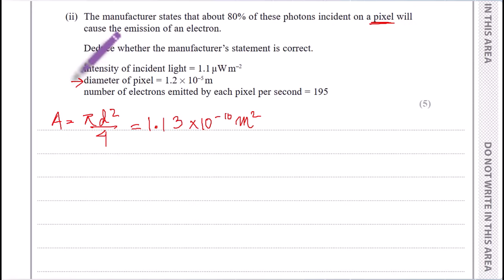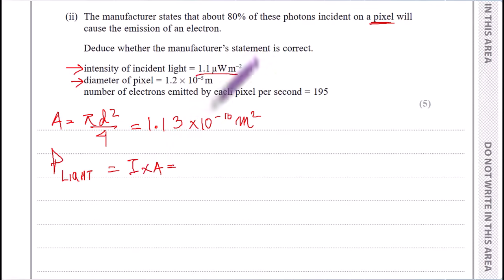Then using intensity, recall the equation. What is the equation that links intensity with area? Actually, the equation is intensity equals power by area. So I'm just making power the subject of the equation. So power equals intensity times area.